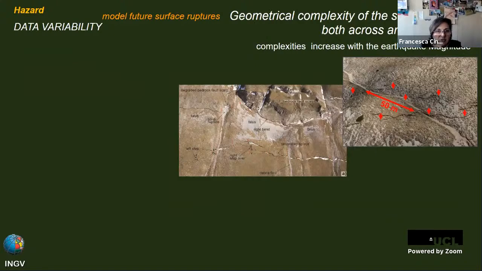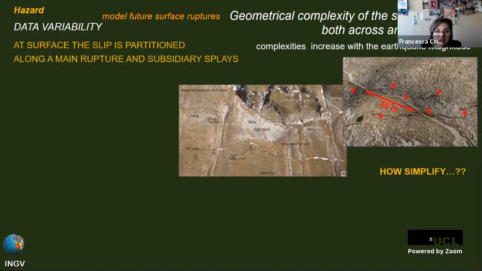So if modeling surface rupture is difficult, I think that the mapping of surface rupture can be even worse, both across and along the strike, because the complexities increase with the earthquake magnitude. We can have a very narrow deformation zone, but also ruptures can be spaced even kilometers apart.